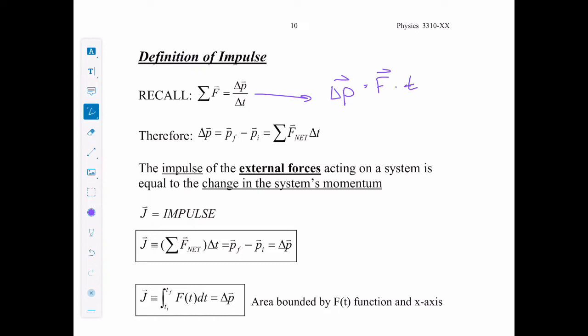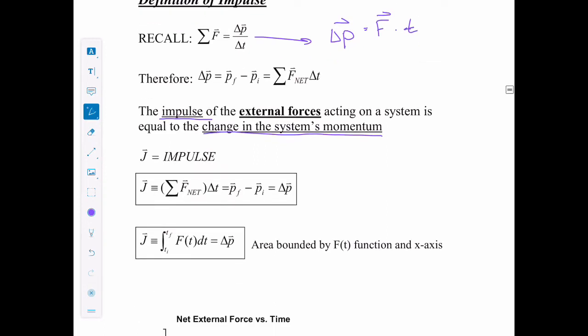This we are going to call impulse. Impulse of the external forces acting on a system is equal to the change in momentum of the system. So force times time is going to equal impulse, or change in momentum is going to equal impulse. Both of them equal each other, so both of them equal impulse. We are going to use the letter J for impulse.